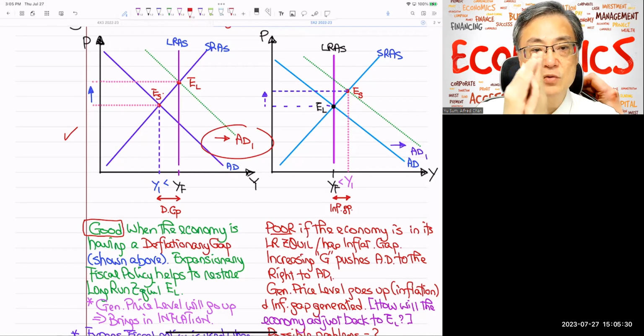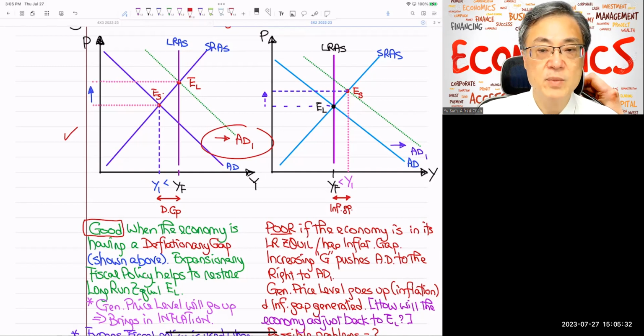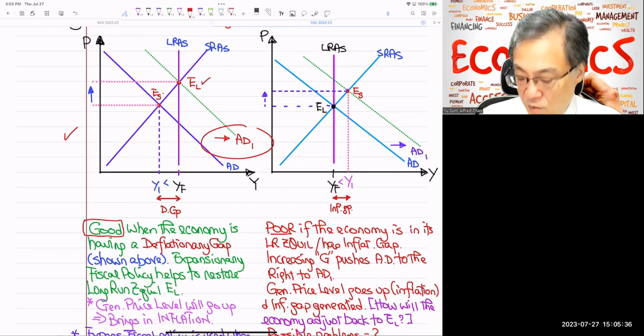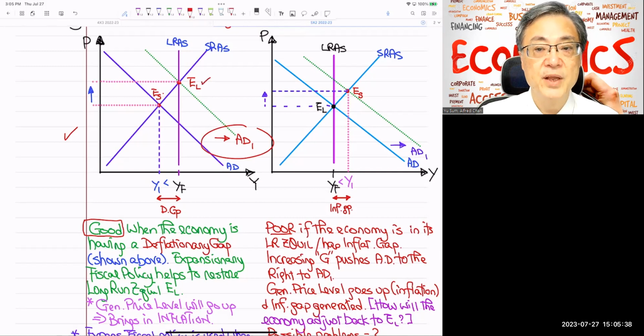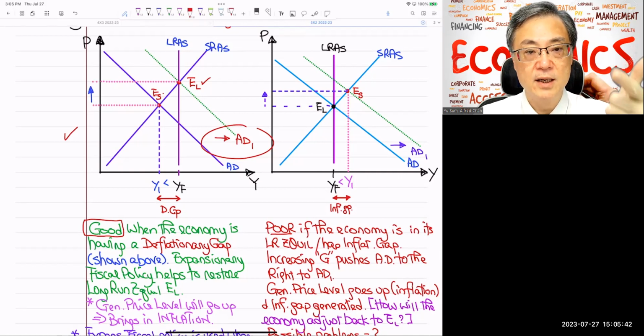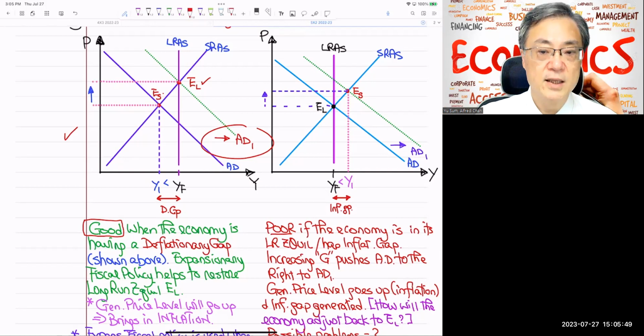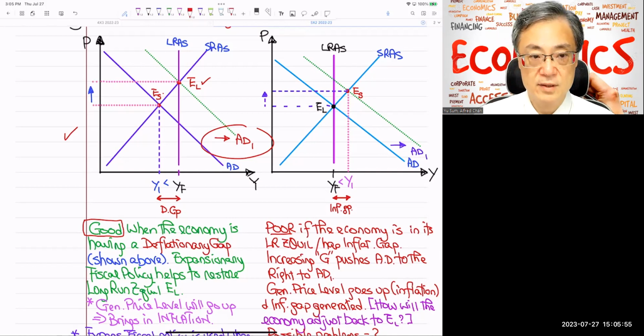Now, with the increase in your aggregate demand, you can go back to long-run equilibrium, GL, where LRAS, SRAS, and the AD curve, all three curves intersect at the same point, GL, and full employment, YF, can be attained. So this is nice.